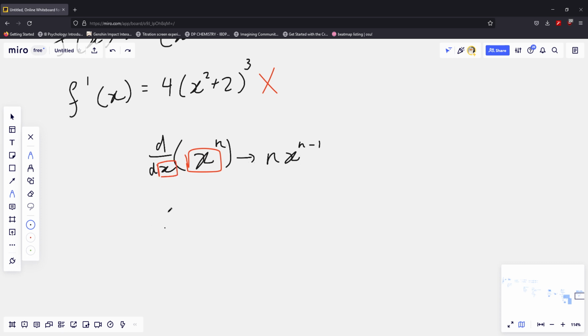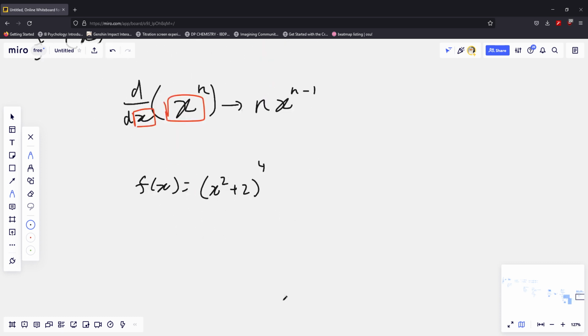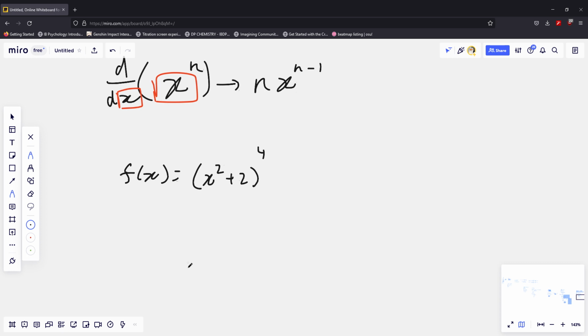Okay, so let's re-ask the question. We'll have f of x equal to (x squared plus 2) to the power of 4. What if I were to introduce a new variable? Let's call it u, and we'll say u is equal to x squared plus 2.